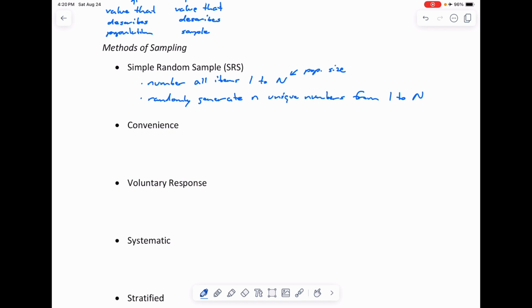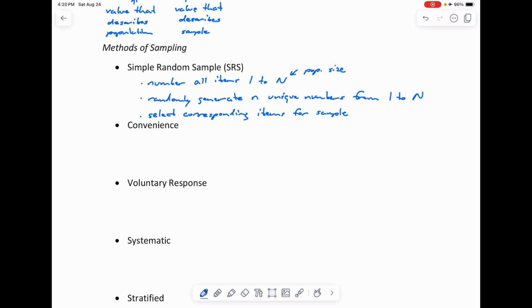Then in that second step, maybe I'm going to sample 500 of the people in that city. So I generate 500 unique numbers from 1 to 10,000, and then I select the corresponding items. In this case, people, but it could be actual things, depending on what your population is, what you're studying. And those 500 people become my sample.